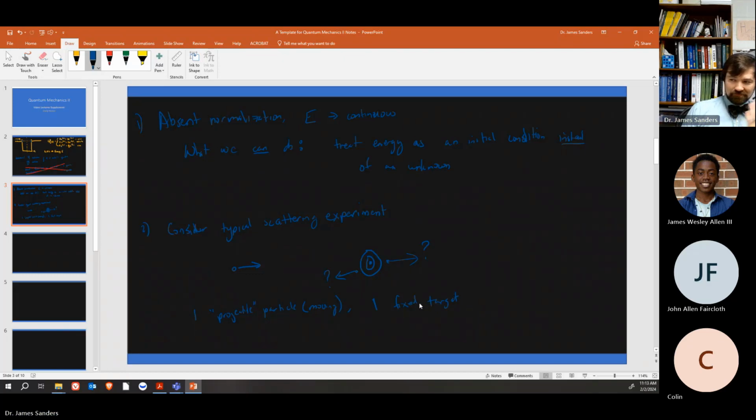And usually this fixed target is also a particle, but in principle, this could become our well. The potential energy well itself is actually, for what it's worth, the interaction between these two, the interaction between the projectile and the target.